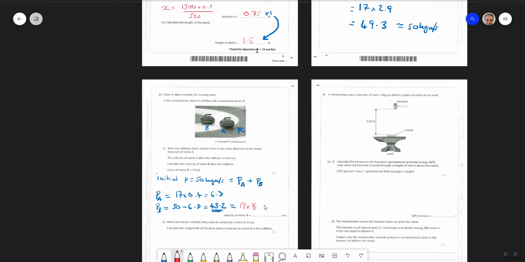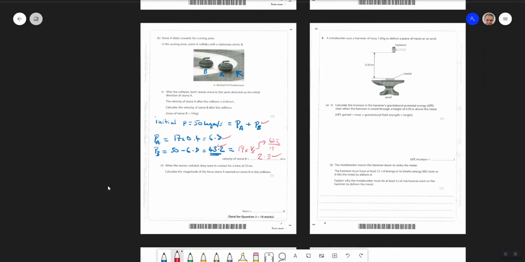Okay, and that gives us 2.3 meters per second. Okay, so there's a mark there for knowing that using the concept of momentum, calculating the momentum of A, working out therefore, so basically this gives you a mark, this gives you a mark, this gives you a mark, and then this gives you a mark.